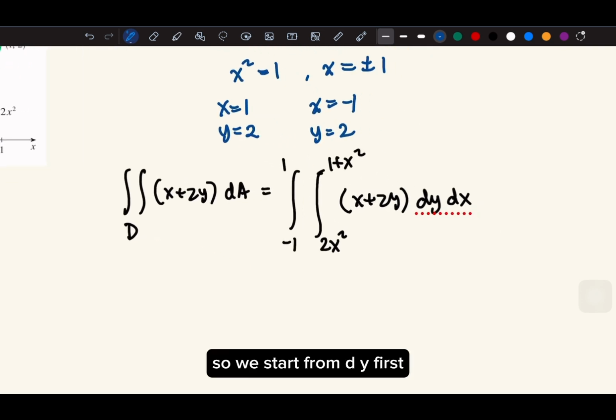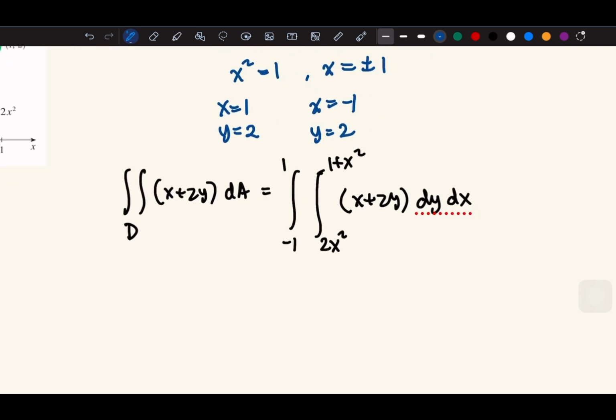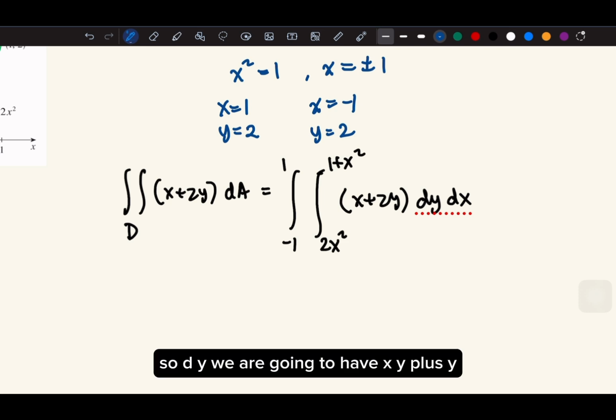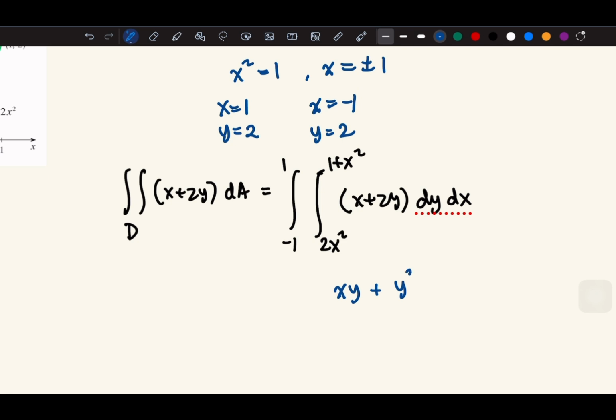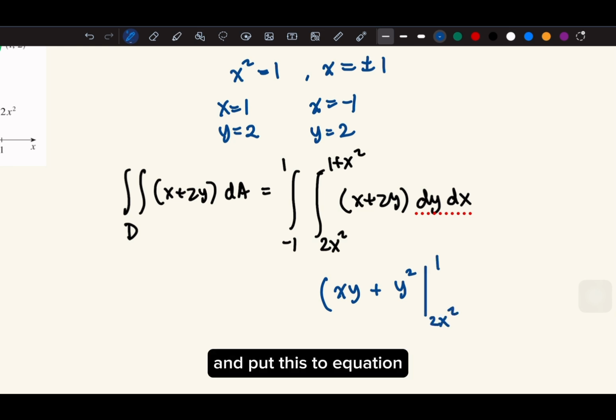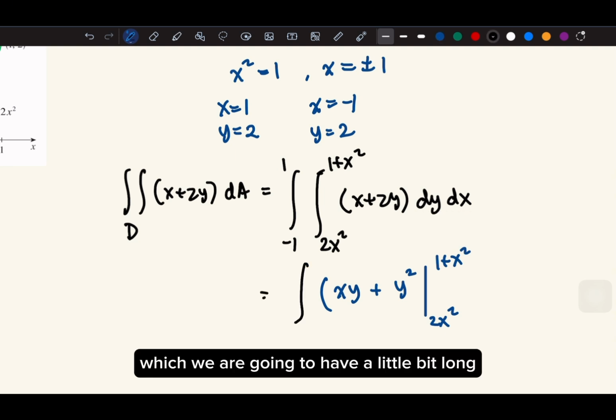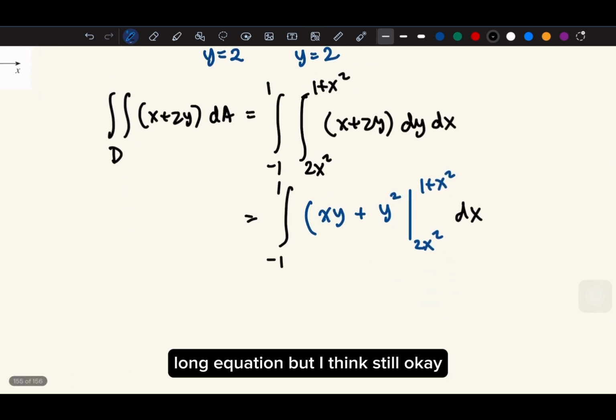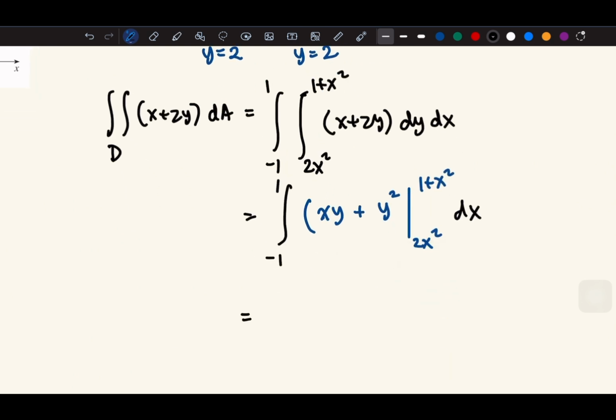So we start from dy first. Integrating dy, we are going to have xy plus y squared, right? And then we input these two limits, which gives a little bit long equation, but I think still okay.